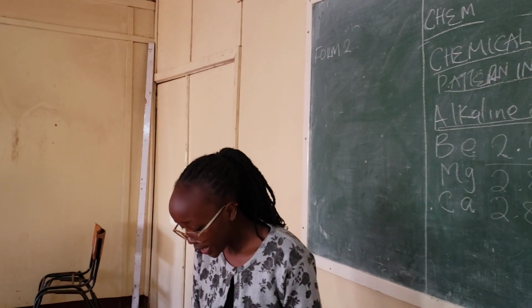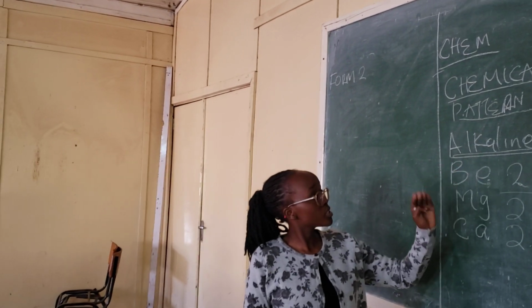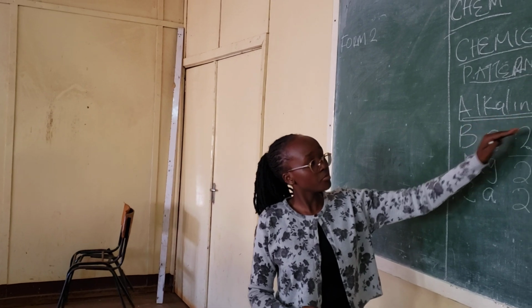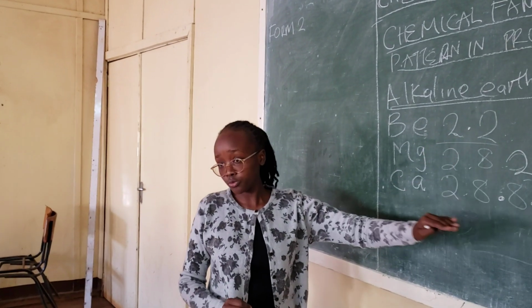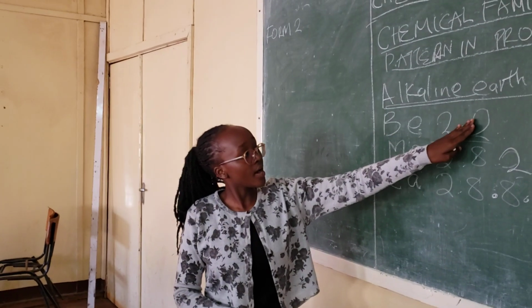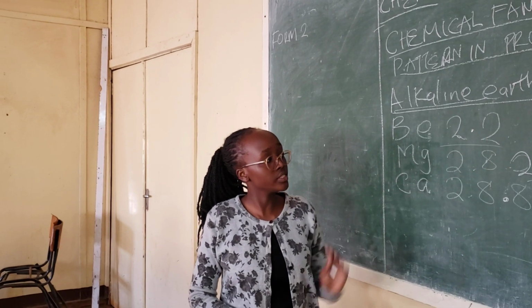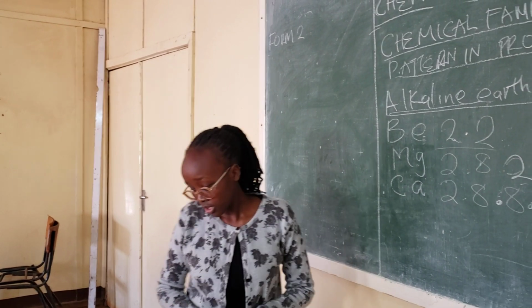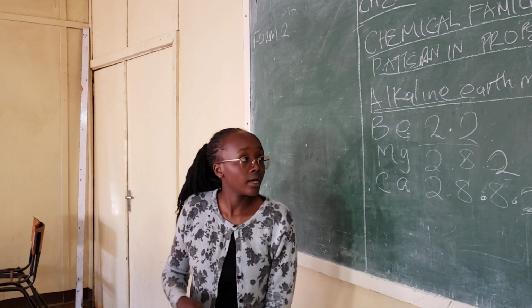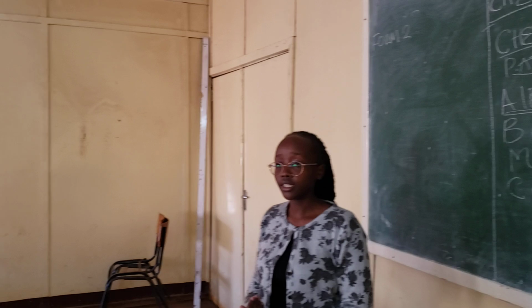So for today's class, we've been able to see that these alkaline earth metals are found in group 2. Also, they have two valence electrons in their outermost energy level. Who can tell us what else we've learned today?